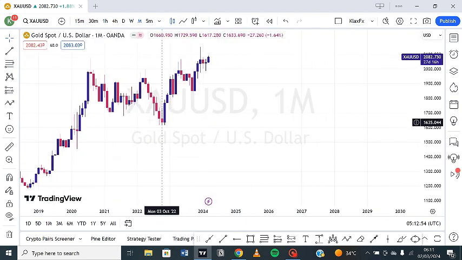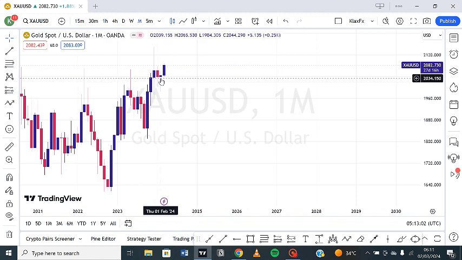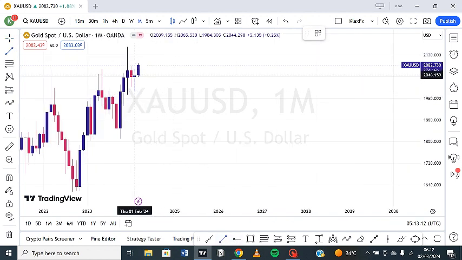So I normally use that on the monthly time frame, the closing price of candle. After each month, I'll mark out the closing price of that candle. For instance, this is February, and March has started. So what I will do is mark out the closing price of this candle here.